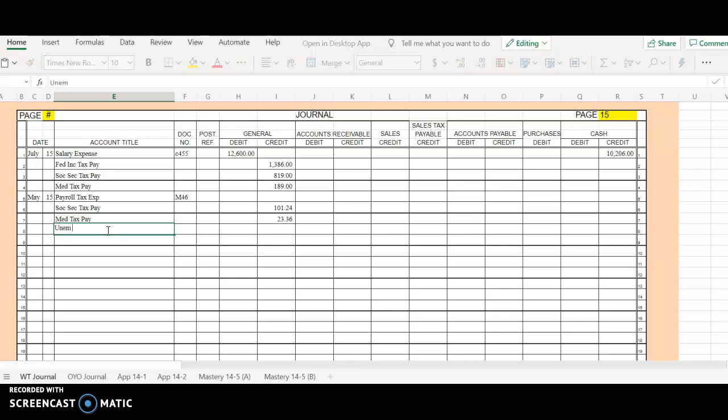Now, you got two unemployments. You got unemployment tax payable Fed and unemployment tax payable state. Now, remember, only our one employee, Tamala, has yet to make $7,000.